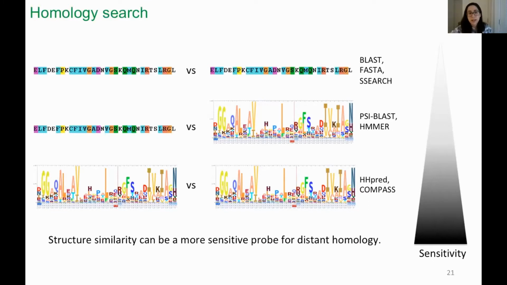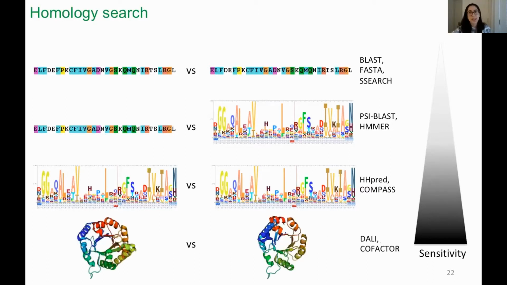And yes, structure similarity can be a more sensitive probe for distant homology. That's why what we can do is, once you have a structure that is similar to one that you are interested in looking for, go back to sequence analysis and check if they in fact look as possible homologs.